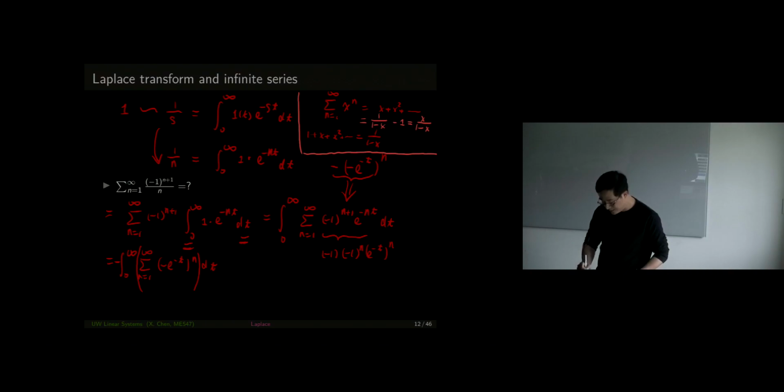So using this fact, we know that this inside equals to negative e to the negative t over 1 minus negative e to the negative t. So in other words, it's 1 plus e to the negative t at the denominator.